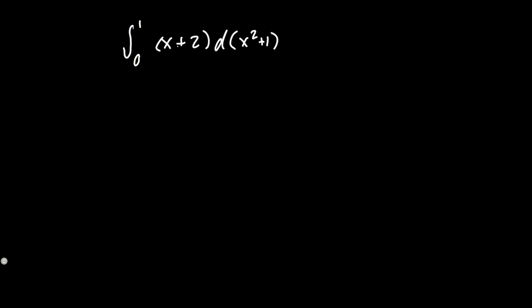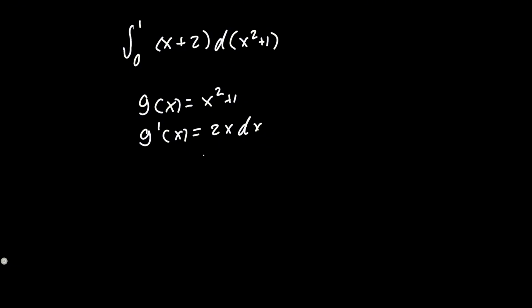How would we integrate this? Well, we know that x squared plus 1 is continuous because it has values existing everywhere. There are no jumps, no discontinuities, asymptotes, or anything. So what we can do is look at g of x, which is x squared plus 1, and differentiating, g prime of x is 2x dx.